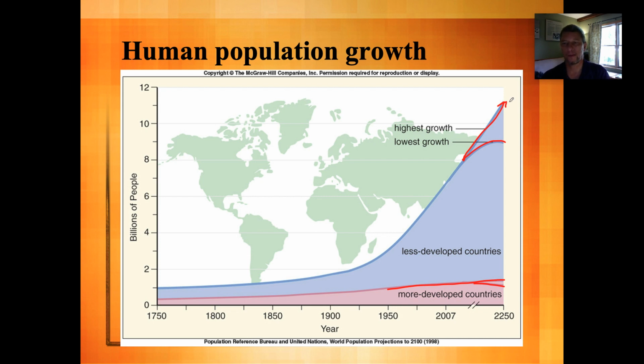And so this is the potential range for the less developed countries. This is the potential range for the more developed countries by 2250. All right, so we're talking more than 200 years in the future at this point. Now, at the current growth rates, we're going to approach somewhere near 12 billion people, which is an awful lot of people.